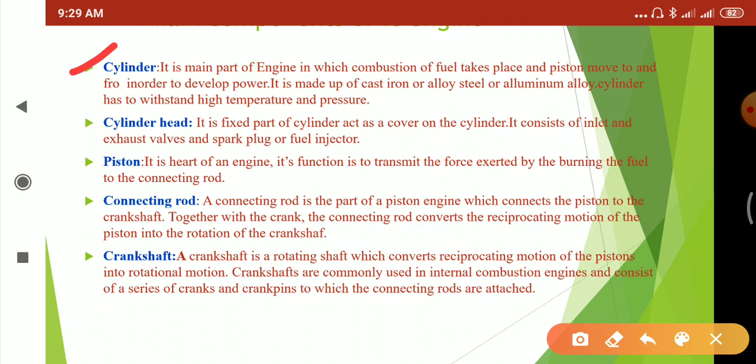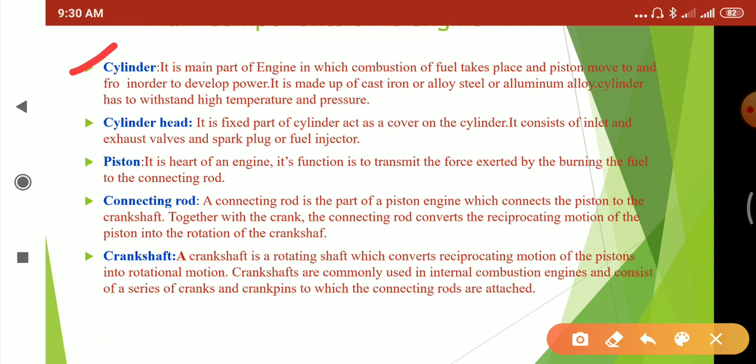Means the cylinder is the main part of IC engine in which combustion of fuel, for example petrol or diesel, takes place, and in which the piston moves from TDC to BDC in order to develop power, to convert mechanical energy.